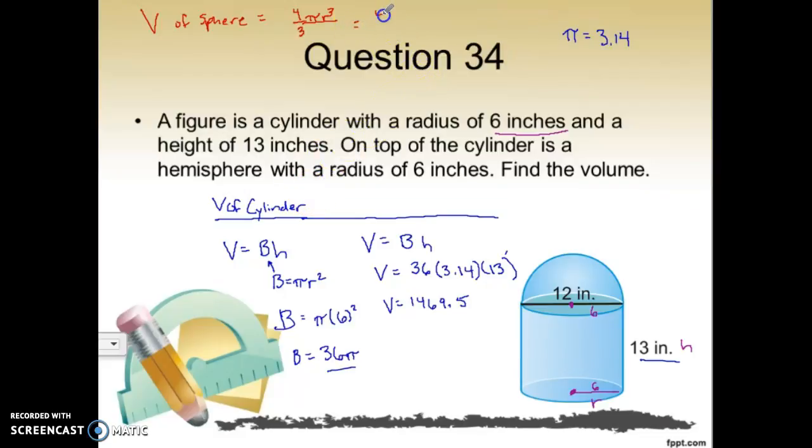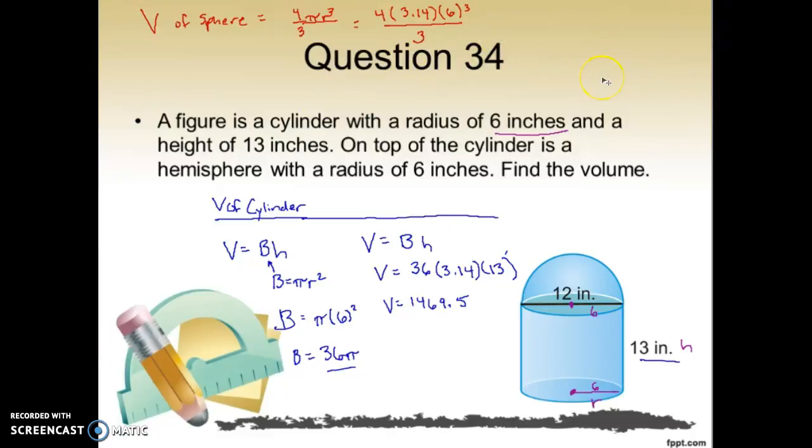I know 4. I know that pi is 3.14, or that's what I'm going to use. And then I know that the radius of that hemisphere is 6. So it's 6 cubed, and then all of that over 3. So right now I'm just finding the volume of a sphere, okay? And I'm going to erase this little 3.14 over here so we don't get confused.